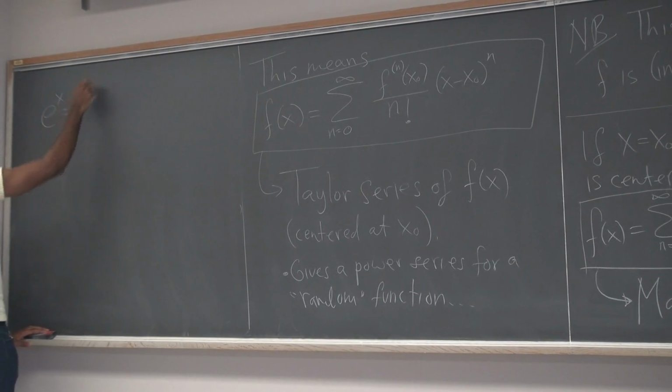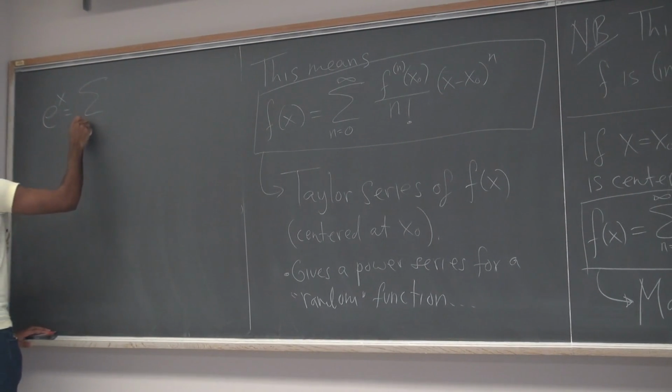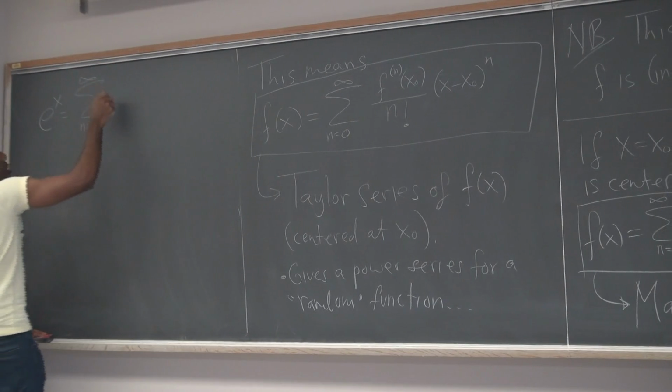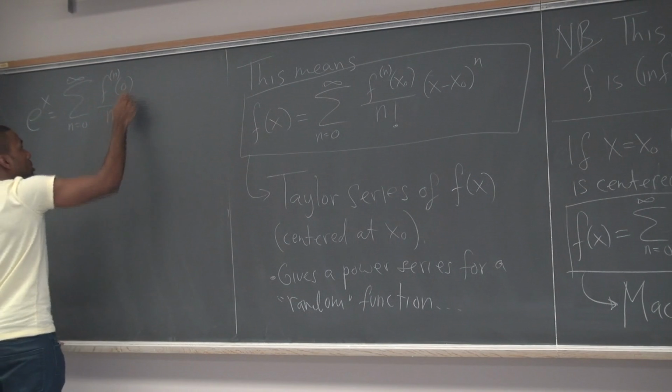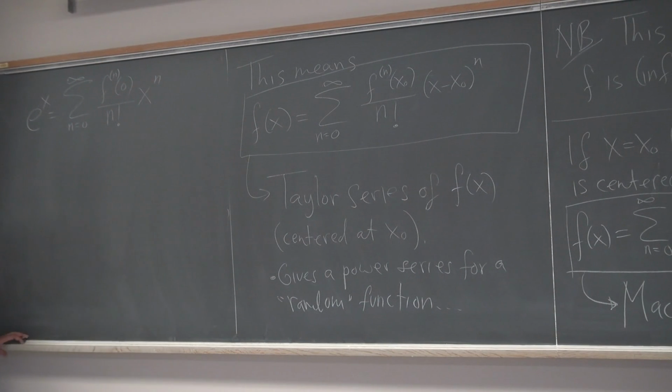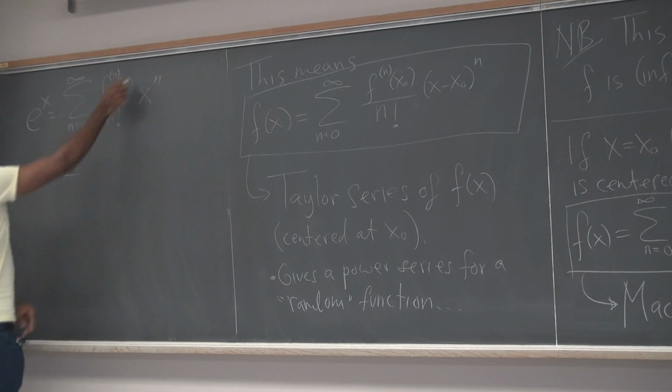e to the x is equal to the sum as n goes from 0 to infinity of the nth derivative evaluated at 0 over n factorial times x to the n. This is the Maclaurin series. But what is this guy? I just found that that guy was 1.